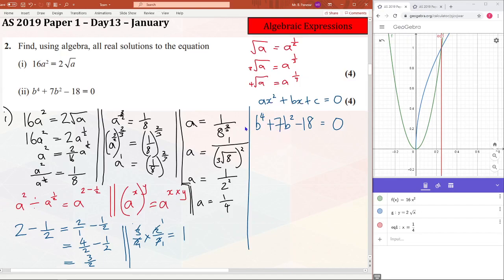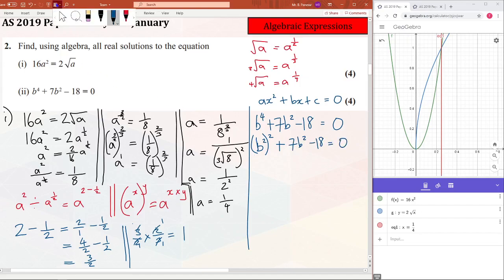So once you've established this is a hidden quadratic, you can then try and rewrite b to the power 4 using b squared. So b squared all squared is indeed b to the power 4, and I'm just using this power rule here, plus 7b squared minus 18 is equal to 0.